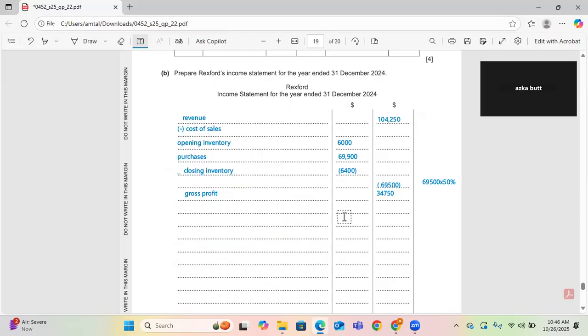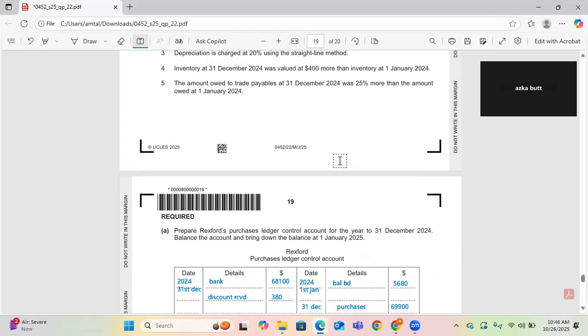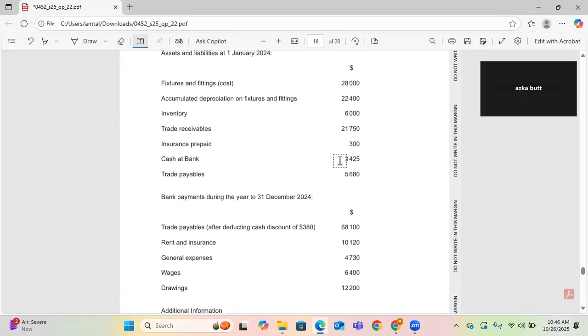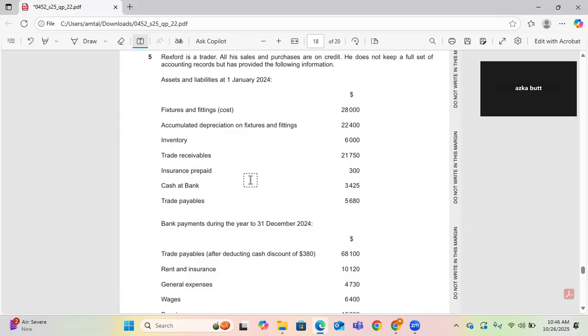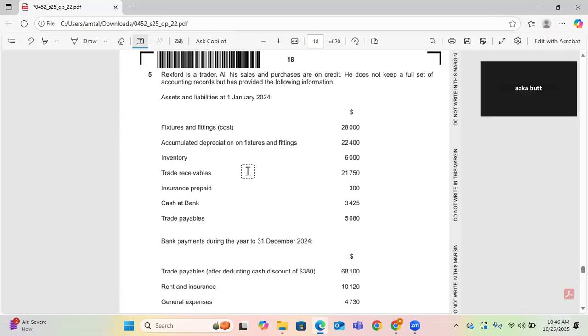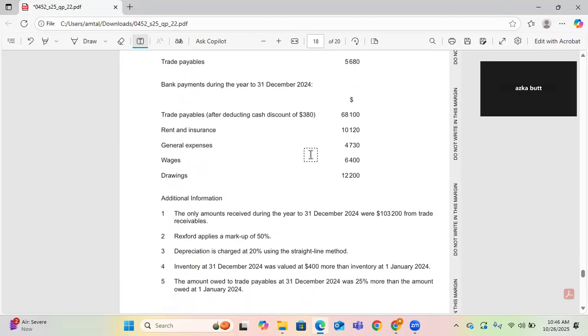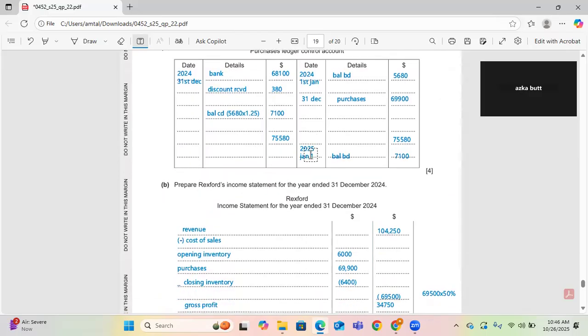So after the gross profit, we have to add the other income. Let's see, do we have other income in the question? Yeah, we have the other income. That is the cash discount, which is 380. We need to add this into the income statement.